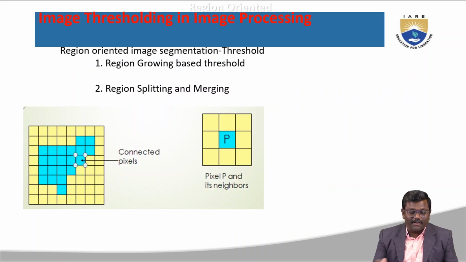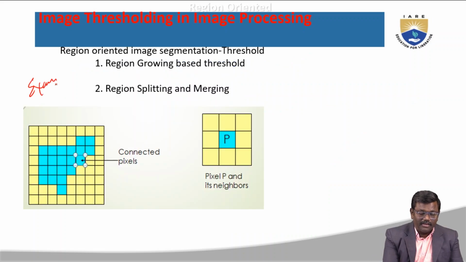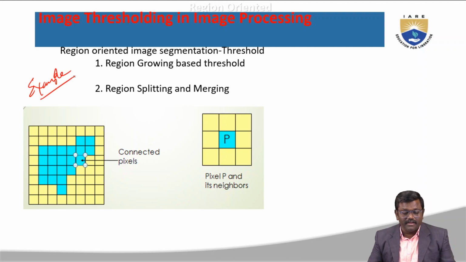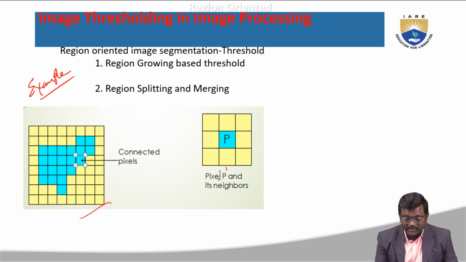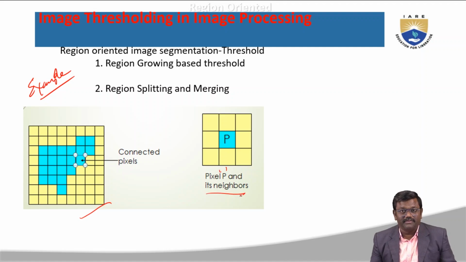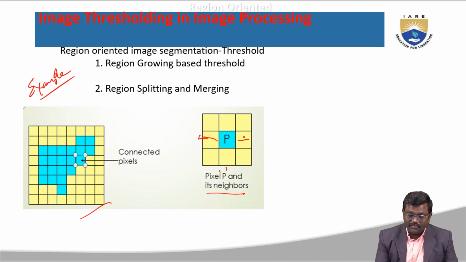Another example is region-oriented image segmentation, where we concentrate on region growing as well as region splitting and merging. Region growing is based on a threshold. You can see connected pixels, and the pixel P has a relation with its neighbors. What do you mean by neighbor?